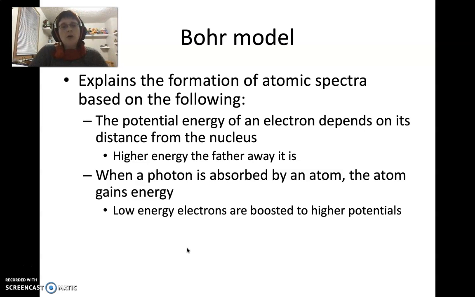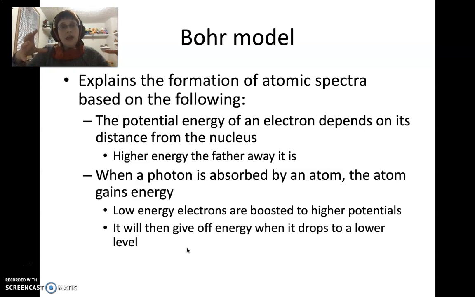The low energy electrons, the ones closer to the nucleus, are going to get boosted up to what we call higher potentials. Basically, they get pulled away from the nucleus. Then when they get kind of tired, if you want to think of it that way, they're going to give off their energy when they drop back down to those lower levels.